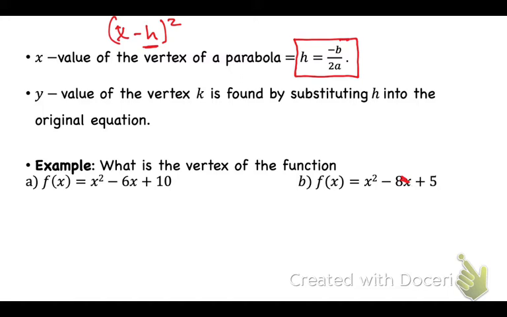The y value of the vertex, guess what? Once we have the x, can we plug it back in to find the y? Yep. The y value, you plug back in the vertex, so that gives you the k.